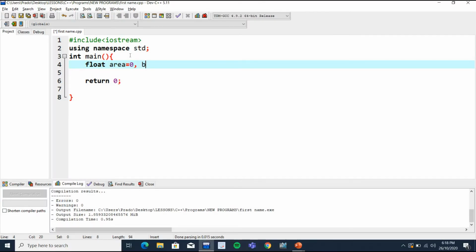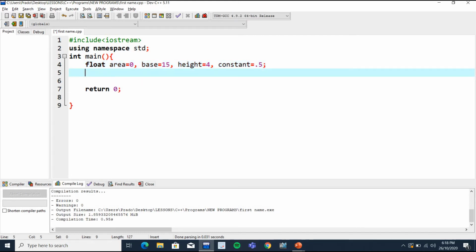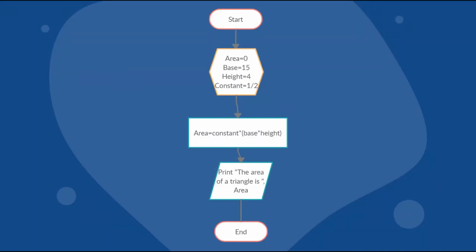And then base is equals to 15. And then height equals to 4. And lastly, the constant equals to 0.5. Ayan. Then semicolon.